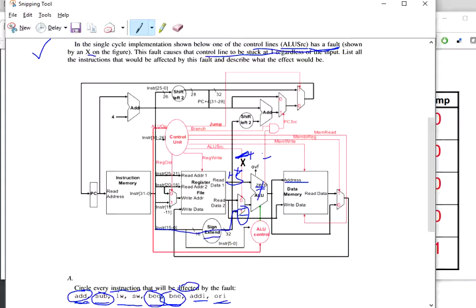We're asking what would happen if ALU SRC is 1. Since for ORI we do want this 1 right here, and then ORing it with RS, this should be fine. This ORI should be good. So ADDI is good, ORI is good, load word, store word is good. However, add, sub, BEQ, and BNE are affected by this fault of being stuck at 1. That's it for today. Thank you.